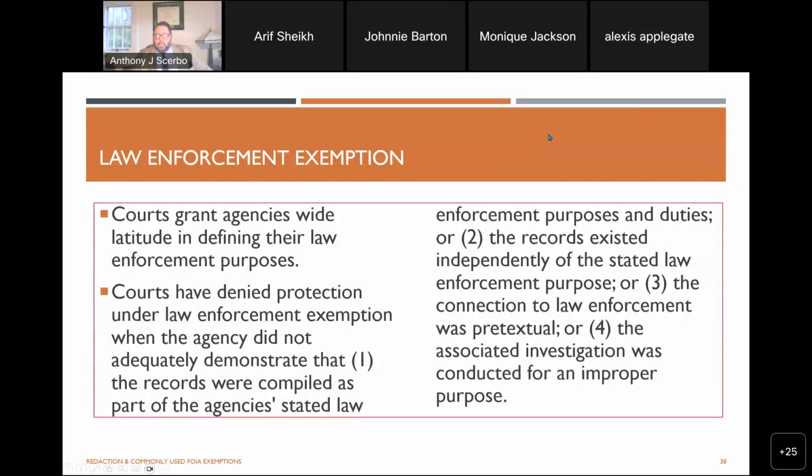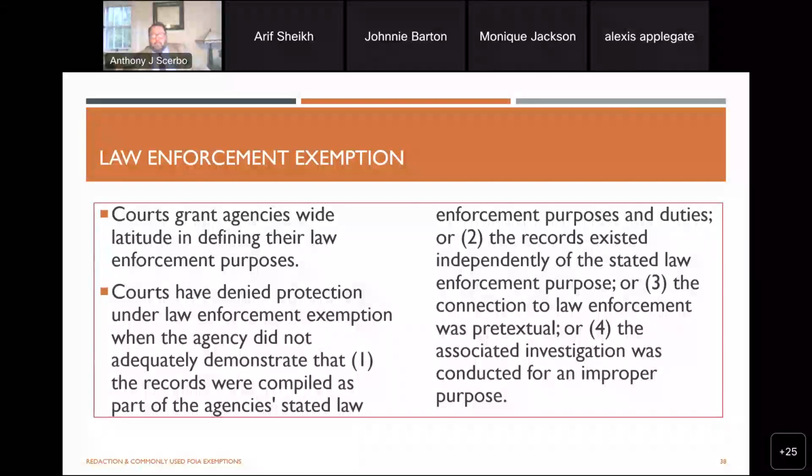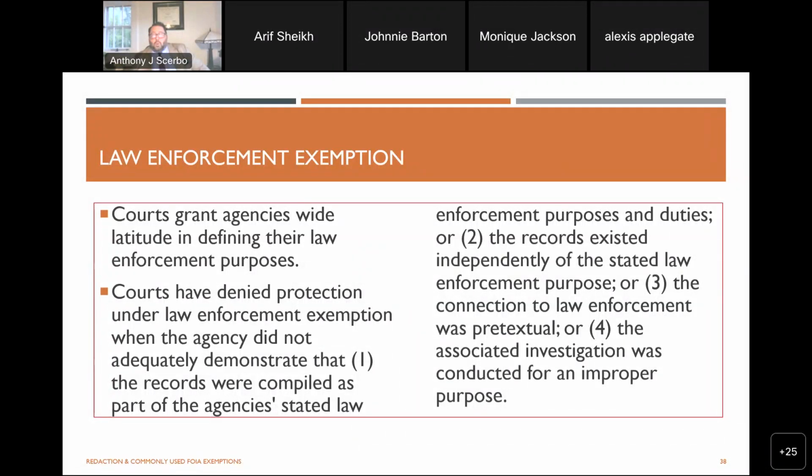This is a blow up of what we just discussed. I do want to point out, however, here, in the second bullet, courts have denied protection when a law enforcement agency did not adequately demonstrate that, one, the records were compiled as part of the agency's stated law enforcement purposes and duties, or two, the records existed independently of the stated law enforcement purpose, or three, the connection to law enforcement was pretextual.